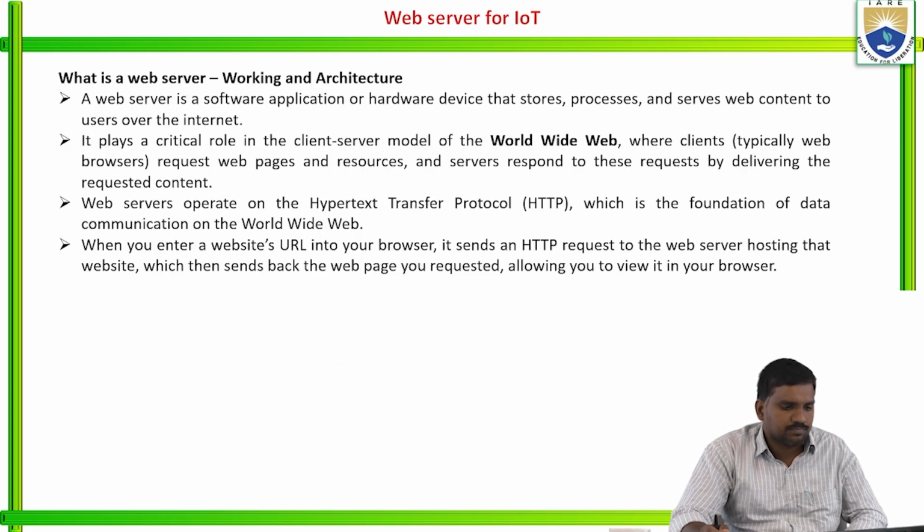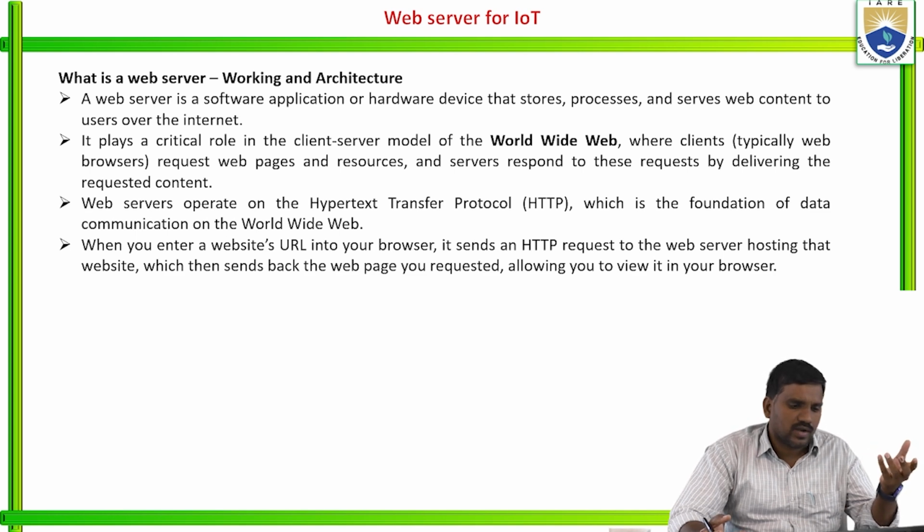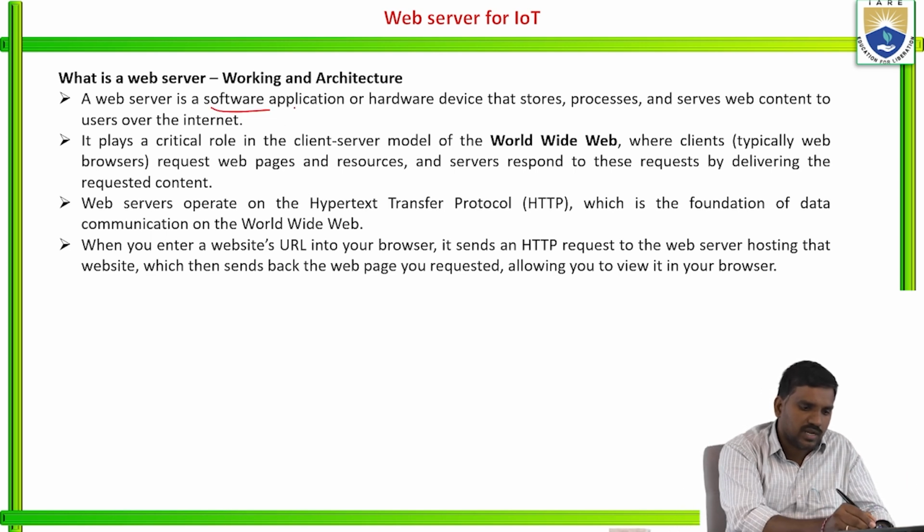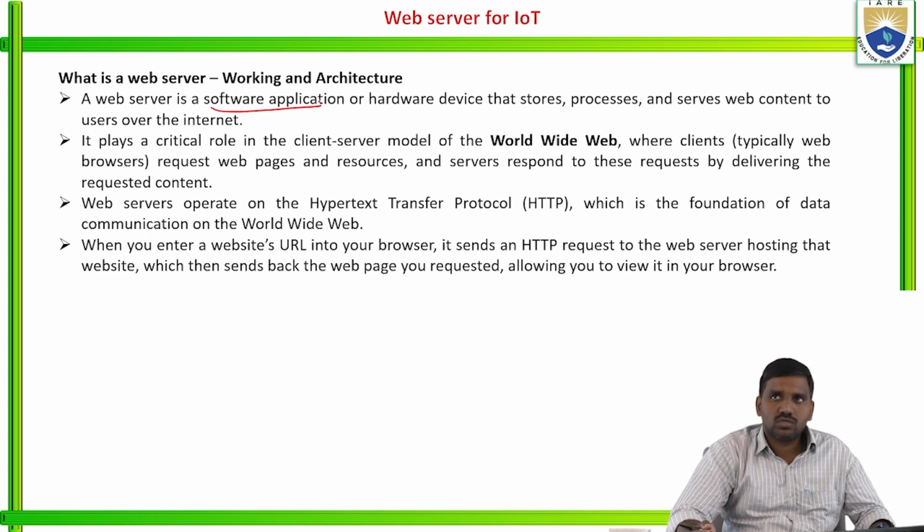Let's start with the web server architecture, the basic things, the definition points regarding what a web server is, its working and architecture. A web server is a software application or hardware device that stores, processes and serves web content to users over the internet.